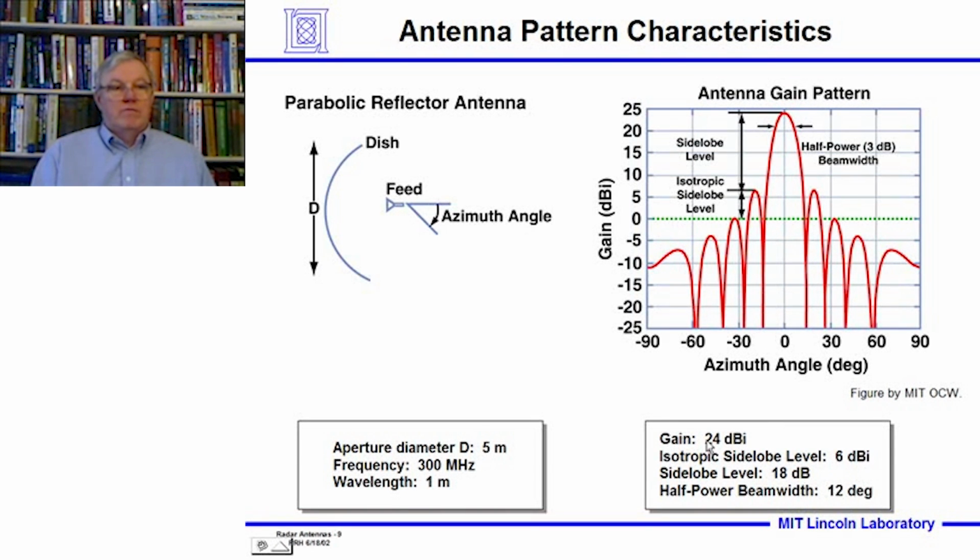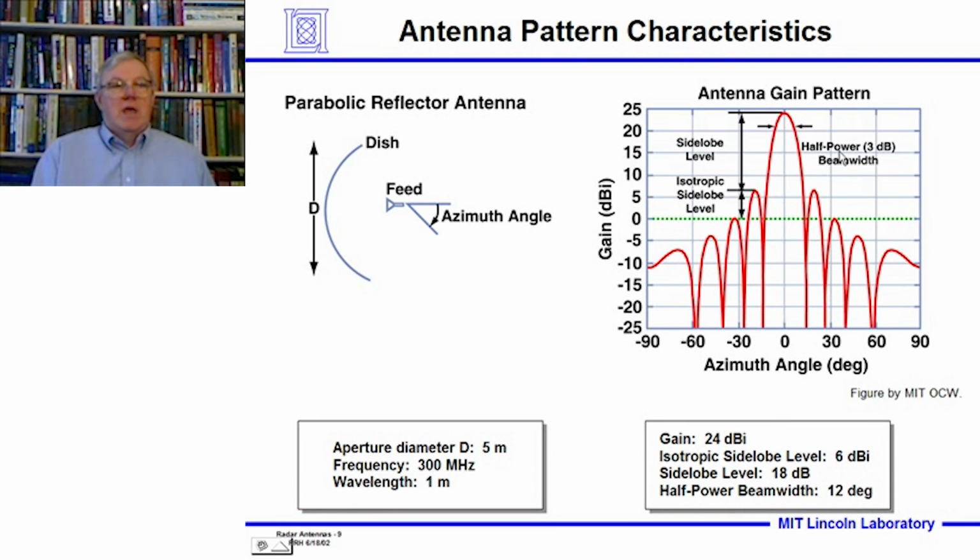Okay, 20 dB would be 100, and 4 dB would be about 3. So it's about 300 times the directivity, the gain, of an isotropic antenna, approximately. Now, how wide is this beam? The way we characterize the width of the beam is we go down from the peak 3 dB, and then we measure how wide the gain pattern is.